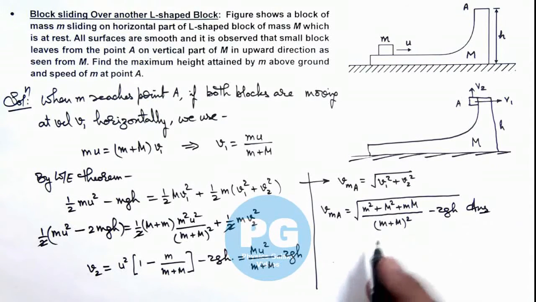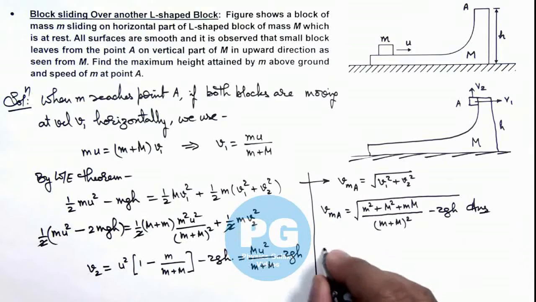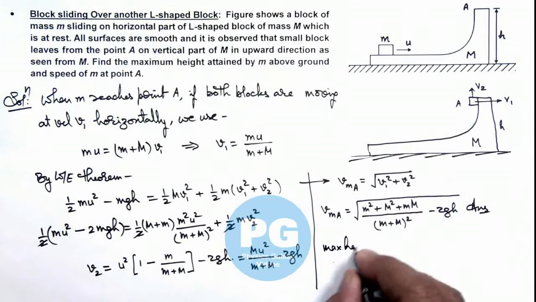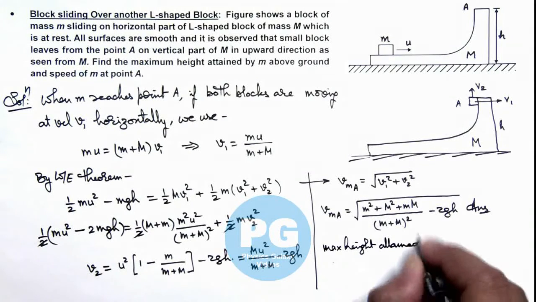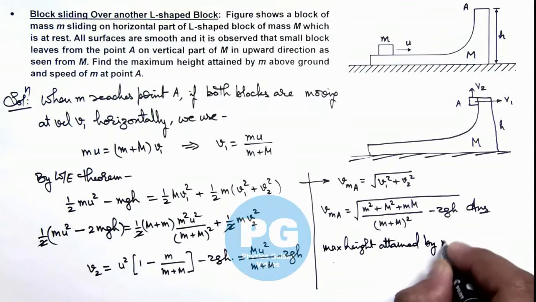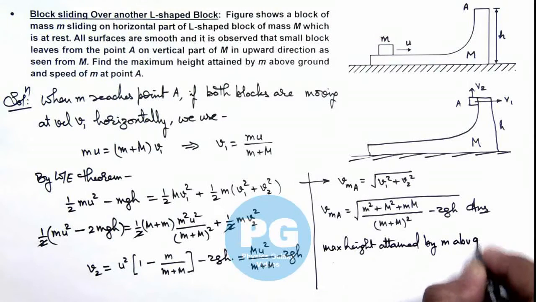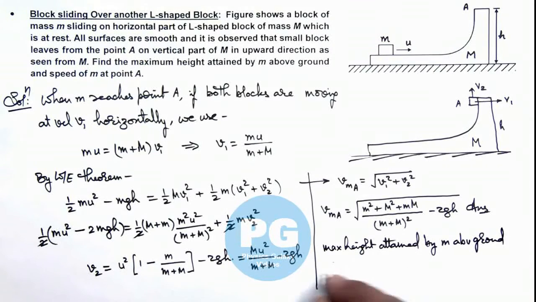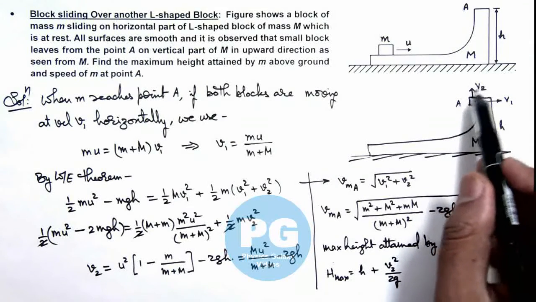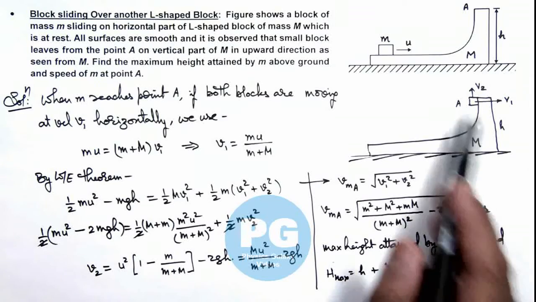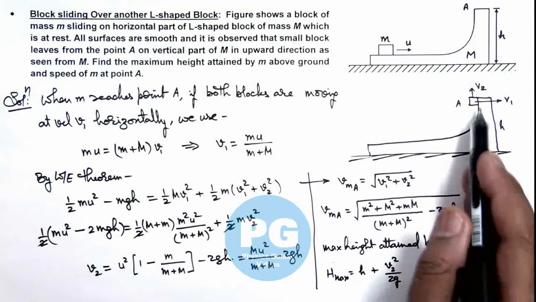And if we wish to calculate the maximum height attained by small m above ground level, this maximum height can be given by small h plus v2 square by 2g, because the vertical motion is a free fall motion with the initial speed v2 when it breaks off from this bigger block.